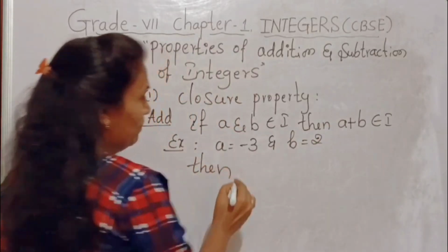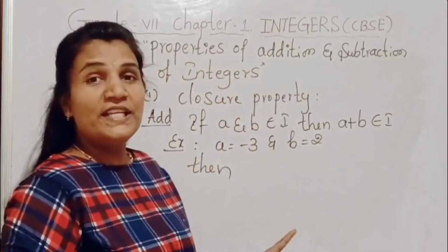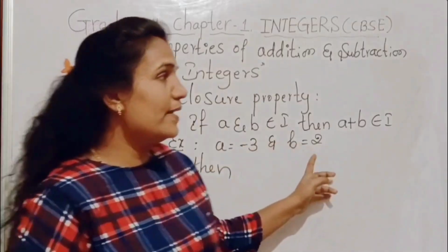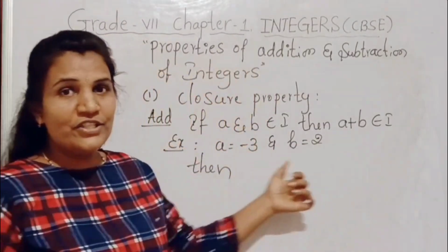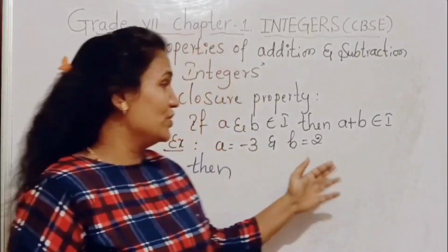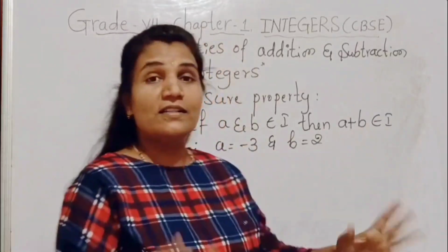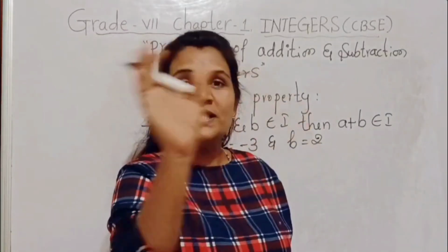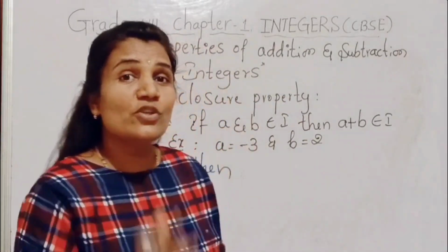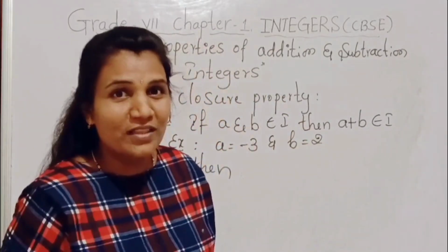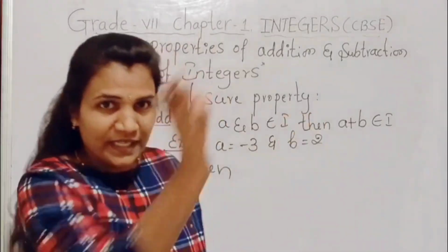Minus 3 and plus 2 are integers, as we know. Minus 3 is a negative integer, 2 is a positive integer. Then a plus b is also an integer, the sum of those two. That is what the closure property is saying. Let us check that.